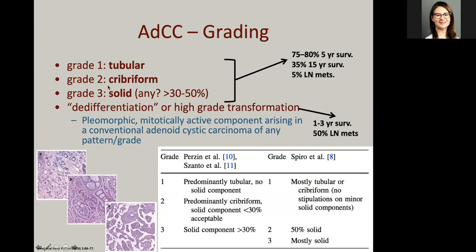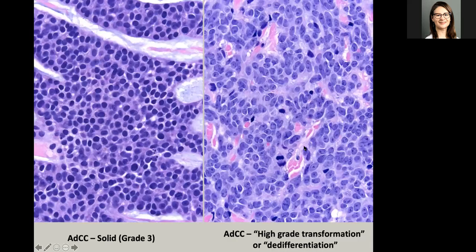What adenoid cystic can also do, as opposed to just grade 1, 2, 3, is actually further de-differentiate or transform into a very biologically high grade carcinoma. And so what does that look like? So our classic solid adenoid cystic seen here on the left, with still round dark nuclei, but our even further transformed high-grade or dedifferentiated adenoid cystic starts to gain larger open nuclei with prominent nucleoli, with tons of mitoses, with necrosis.